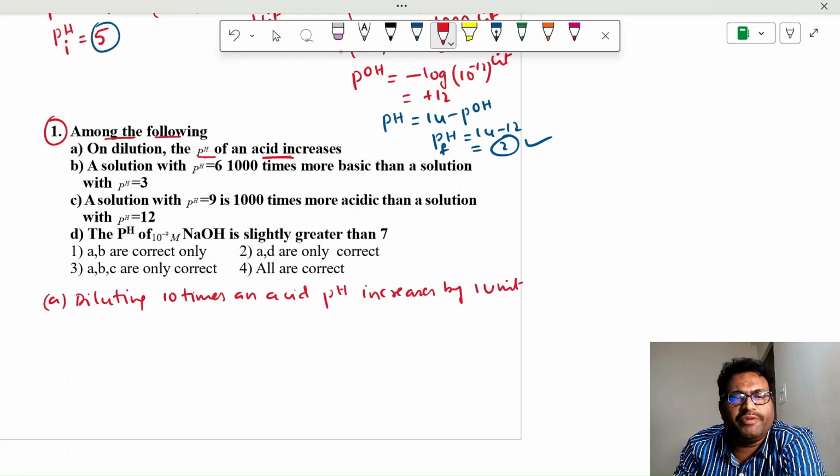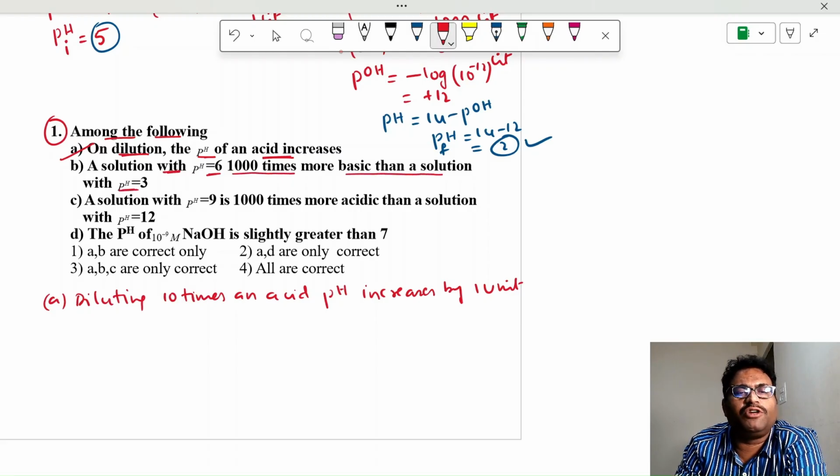This we have proved before. In the same way, diluting an acid 100 times, pH increases by 2 units. So on dilution, the pH of an acid increases. Yes, it is correct. Option B: a solution with pH 6 is 1000 times more basic than a solution with pH equal to 3.